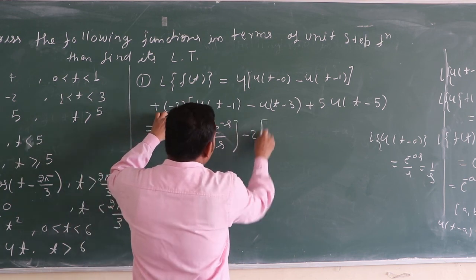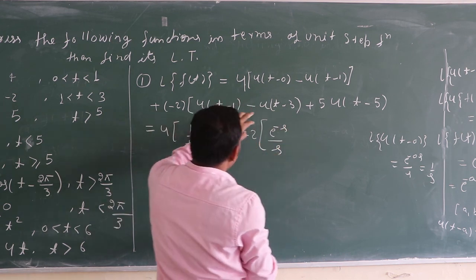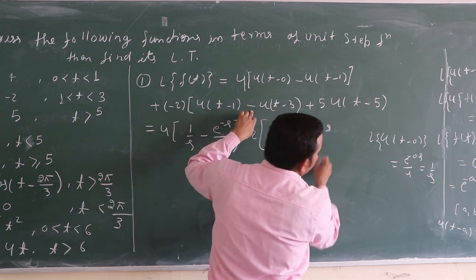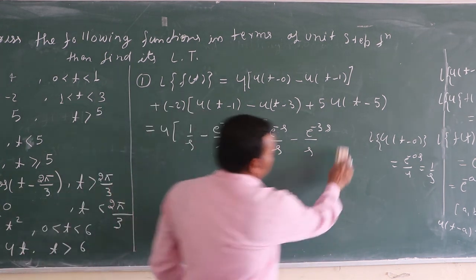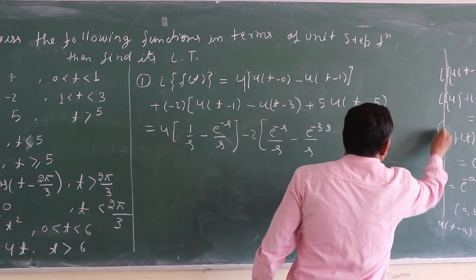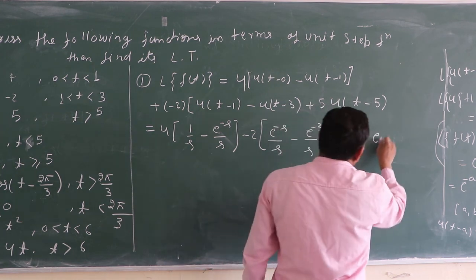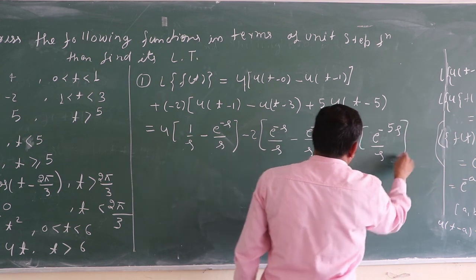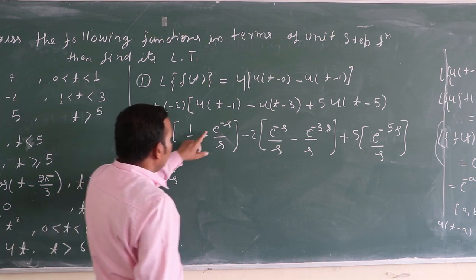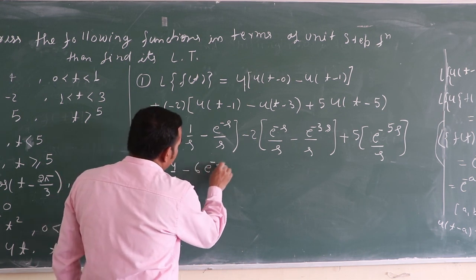Minus 2 e to the power minus s upon s, for this e to the power minus 3s upon s. Plus 5 we can write as e to the power minus 5s upon s. This is equal to 4 upon s, and 4 e to the power minus s minus 2 e to the power minus s minus 6 e to the power minus s.